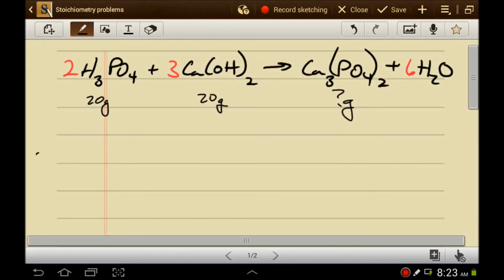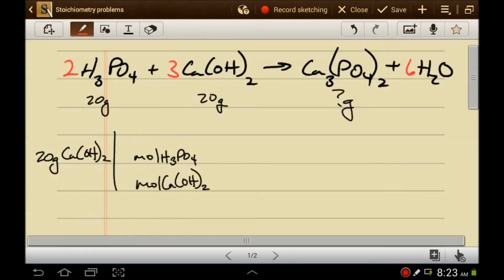Let's say I've got 20 grams of calcium hydroxide. How many grams of phosphoric acid is that equivalent to? The ratio of phosphoric acid to calcium hydroxide is 2 to 3.